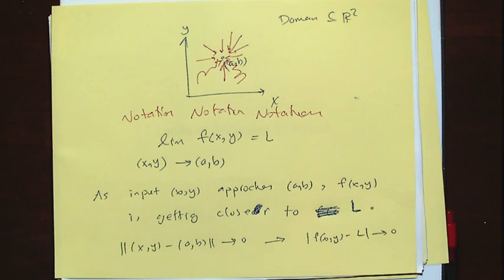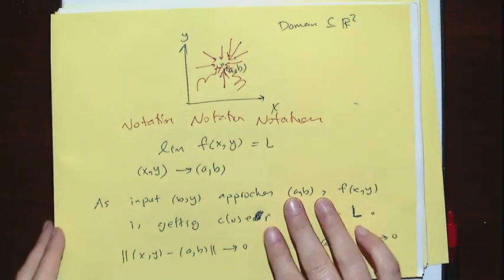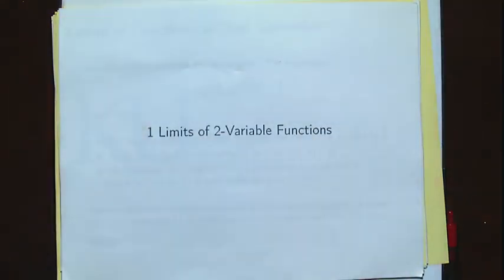For existence of limits, I cannot use paths. Can you guys repeat that for me? For existence of limits, I cannot use paths. For showing the limit doesn't exist, I can use paths. Fair game? Okay, so let me write this down so you guys have it on your notes.